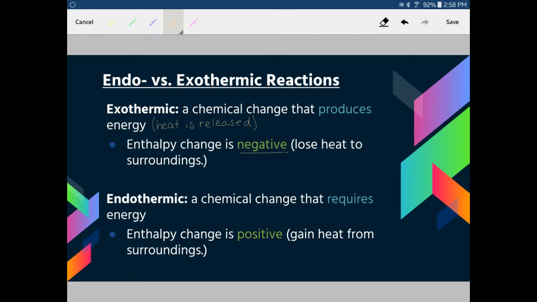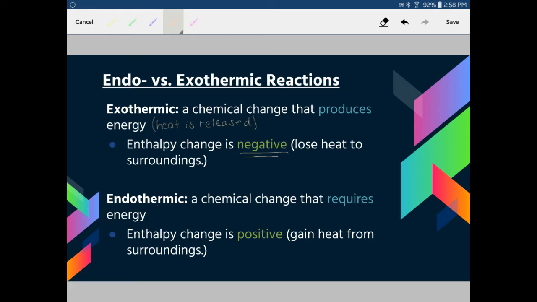But essentially, we're losing energy, or we lose heat to our surroundings. So if you consider that as energy, in the exothermic reaction we had a great deal of potential energy, energy stored in those bonds. When that energy is released, it loses heat to its surroundings, meaning that it has a negative energy value.